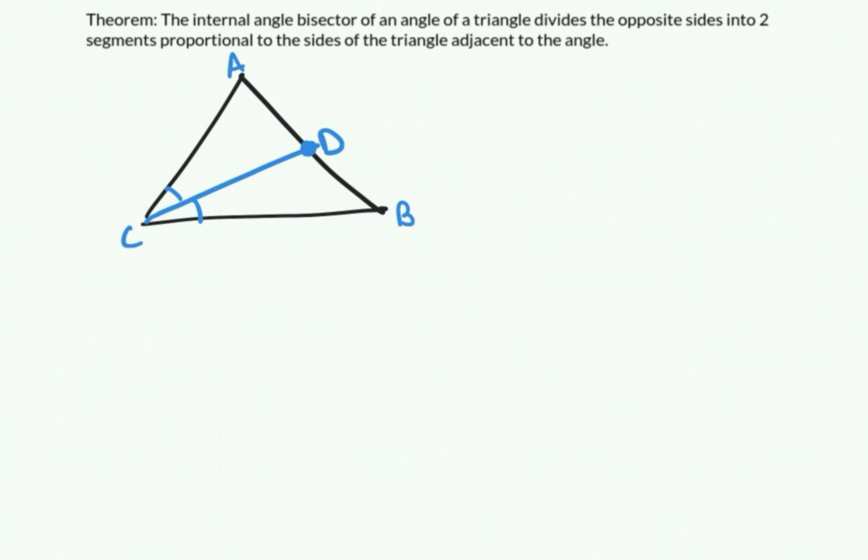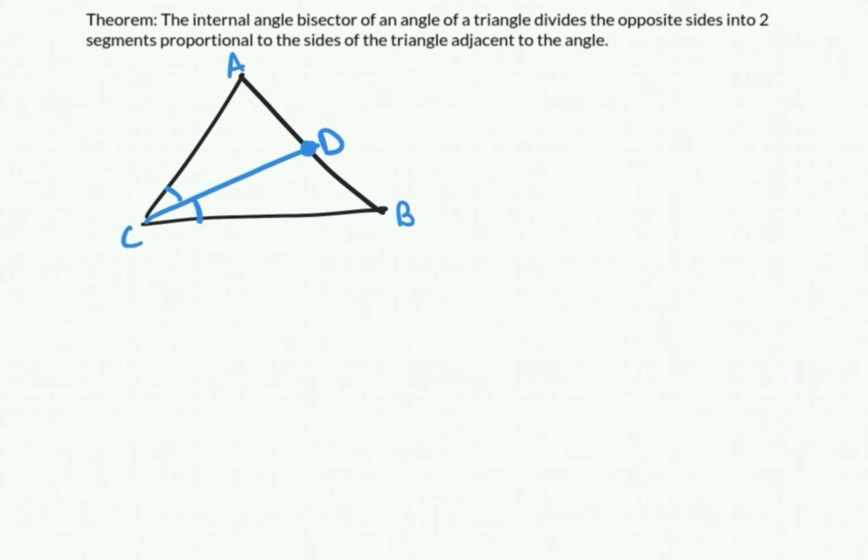The claim is that this internal angle bisector divides the opposite side into two segments that are proportional to the sides adjacent to the angle.